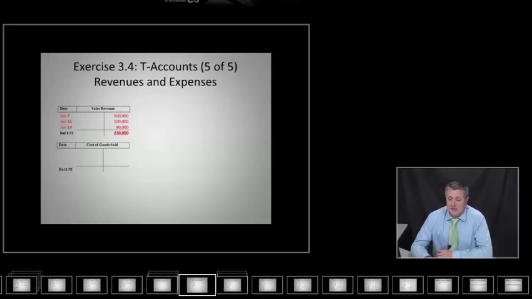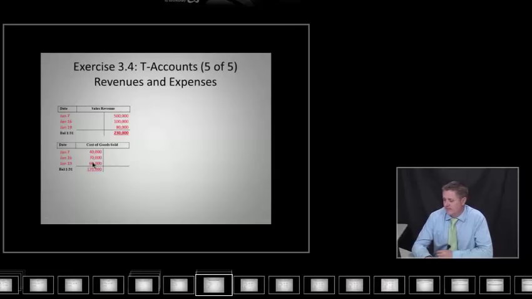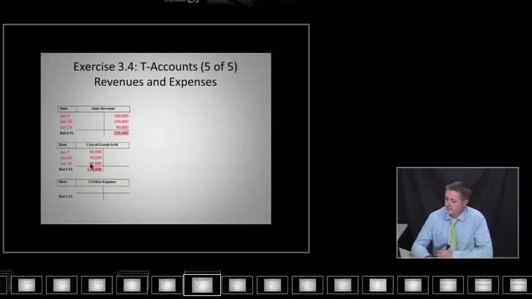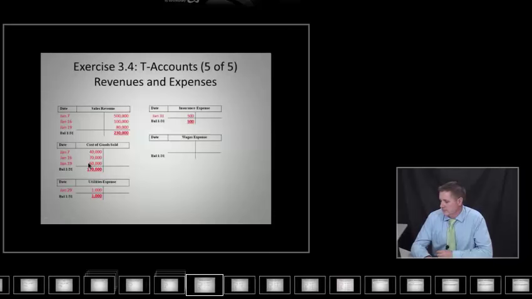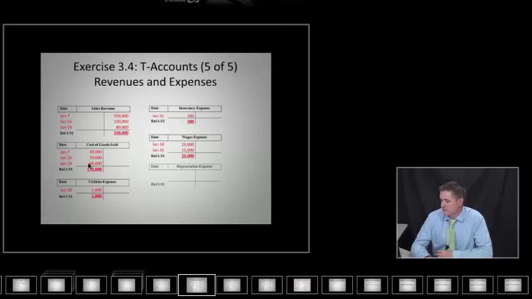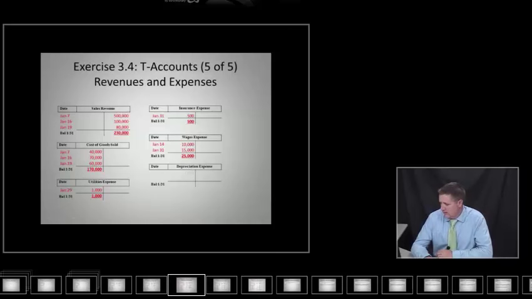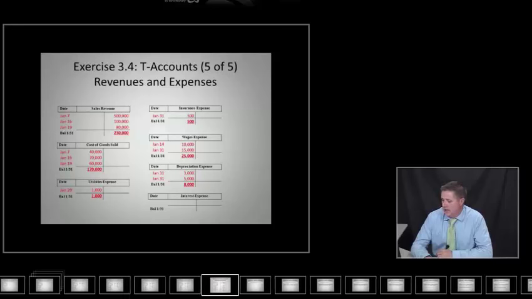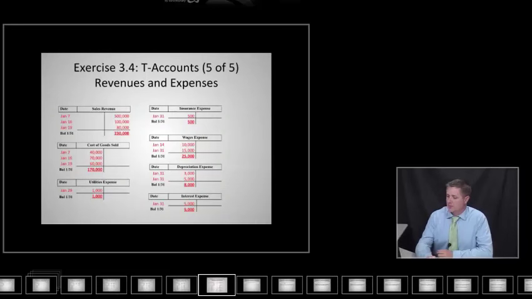For any expenses, the normal balance is going to be debit balances. Okay, and then finally, that reflects all of our revenue and expense accounts.